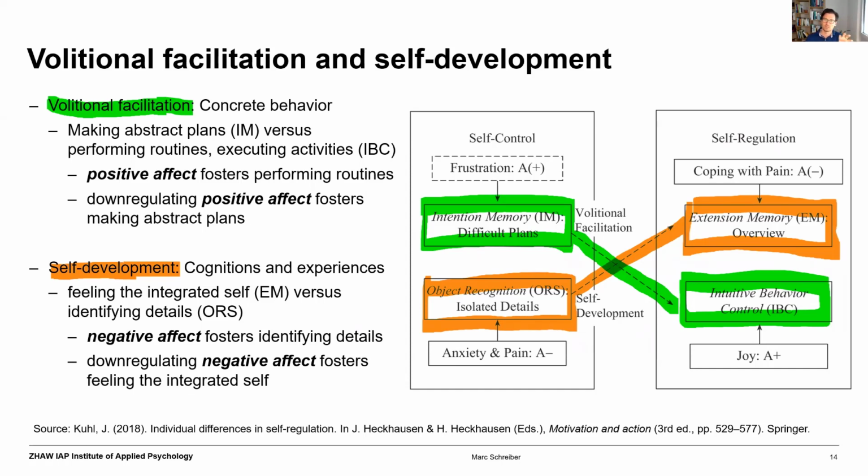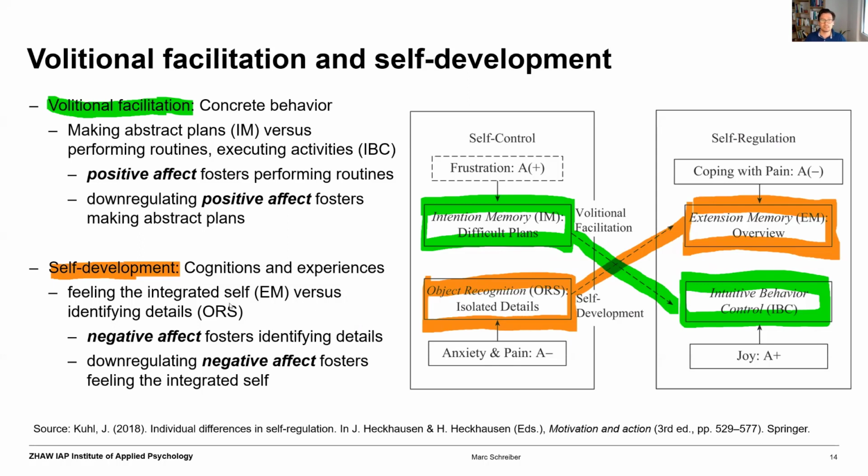So, of course, intention memory and intuitive behavior control is quite important when it comes to implementing plans. And as you see here, volitional facilitation is connected to positive affect, which means that positive affect fosters performing routines, and positive affect therefore fosters implementing one's career plans. This is the volitional facilitation.